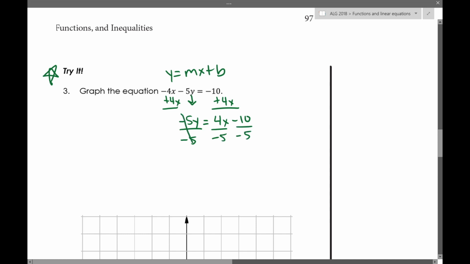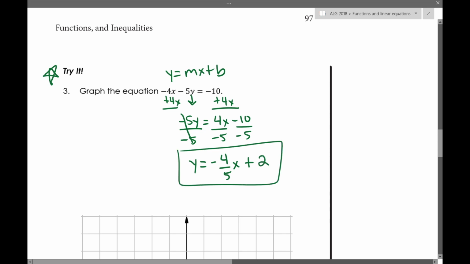So then I can cross out my -5s, and I'm left with y equals -4/5, because I can't reduce that. 4/5 does not give me a whole number, so I leave it as a fraction. And then negative times a negative is a positive, and 10 divided by 5 is 2.